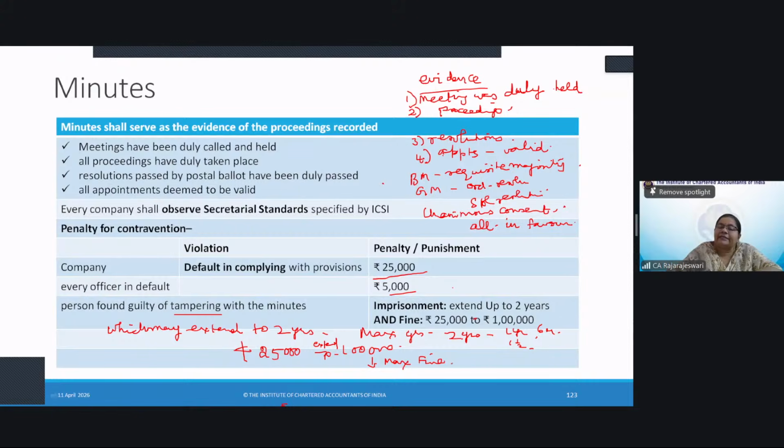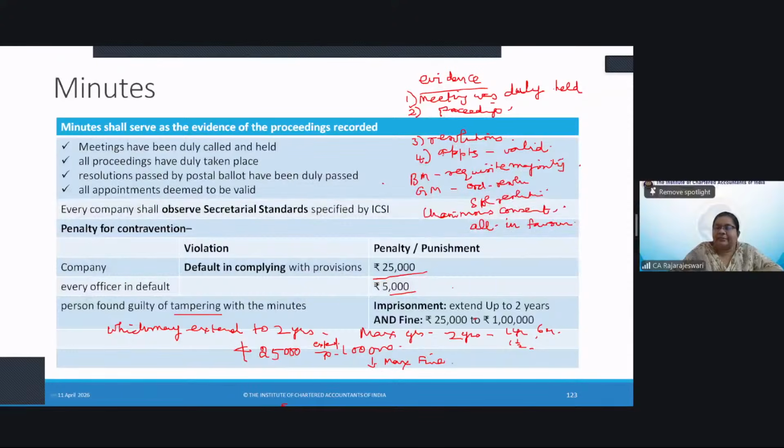So when you write the law paper, your wording should be very clear. When it says it may extend up to 2 years, if you simply say 2 years imprisonment, then that is a flat imprisonment. That is not a flat term of imprisonment. It may extend up to 2 years. So you should write it clearly in the examination.